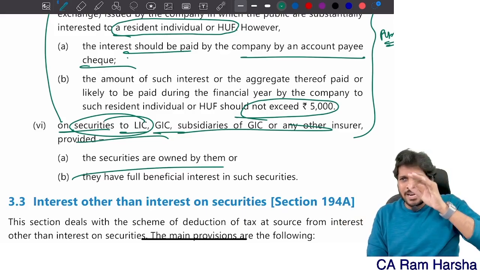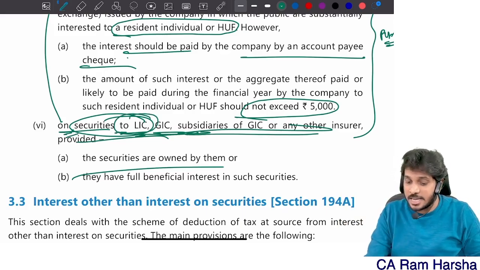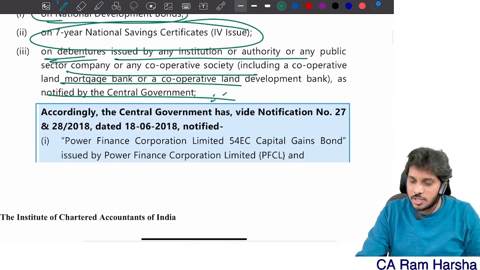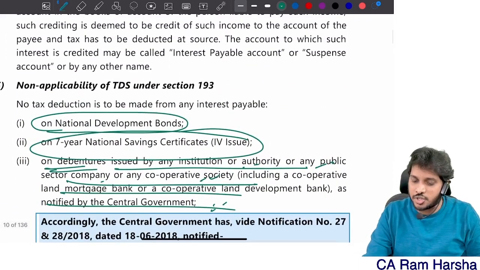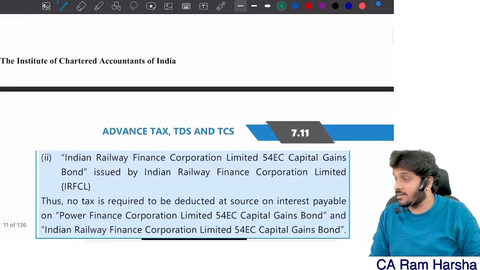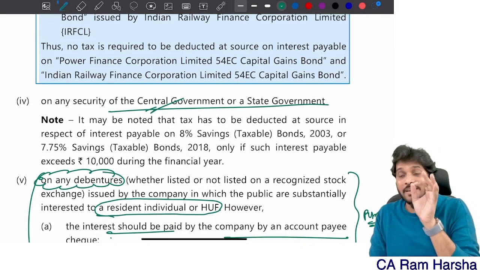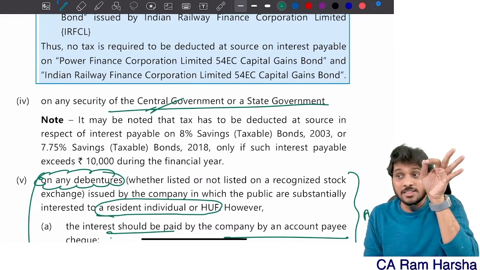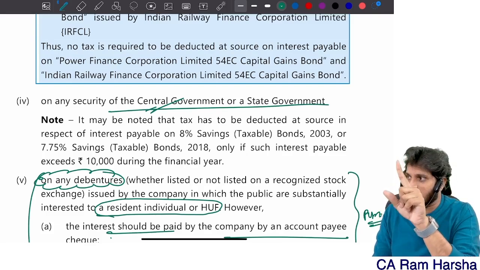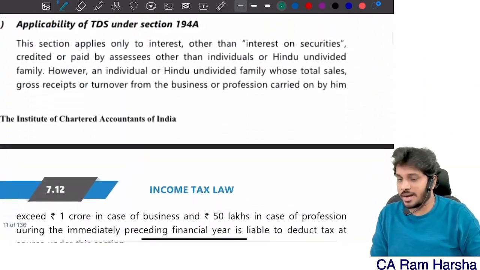When it is exempted: if the interest is paid on securities allotted to LIC, GIC; if the interest is paid to government; if the interest is paid to any corporate society, public sector or institution; if the interest is paid on NSC certificates, on national development bonds; if the interest is paid by public companies to individual or HUF, where the interest amount shall not exceed 5,000. By the way, this is at one time or throughout the year? Throughout the year. TDS limits are mostly throughout the year. Are you clear? 193 is over.